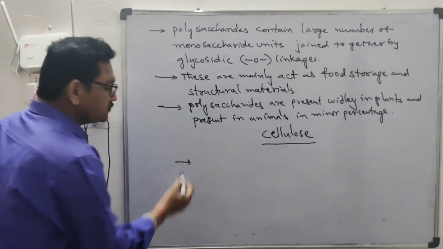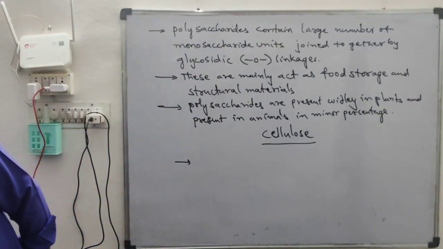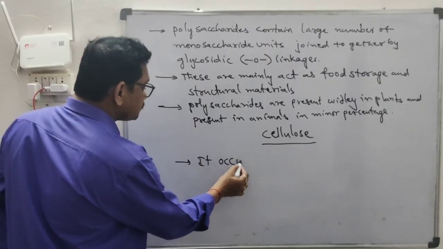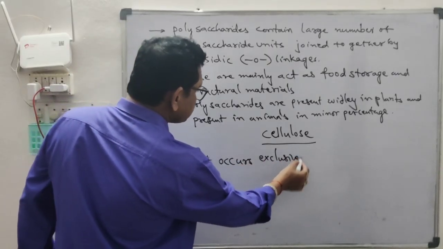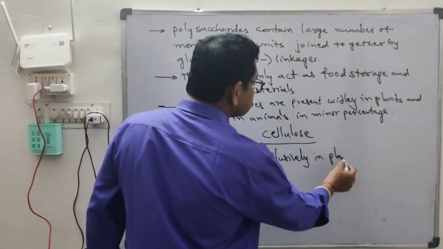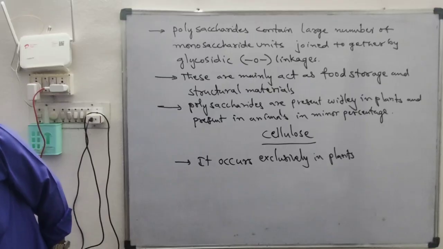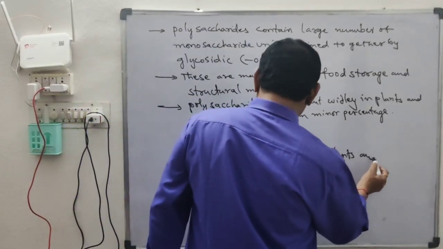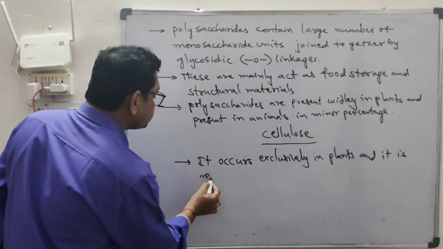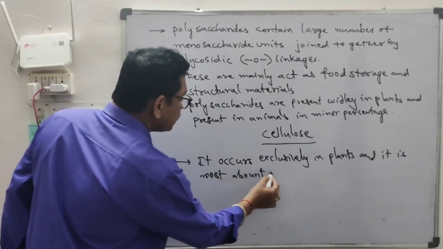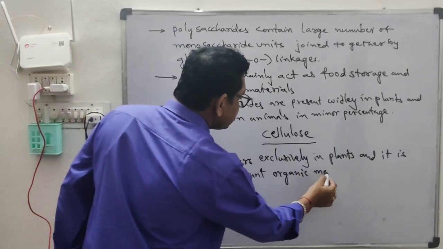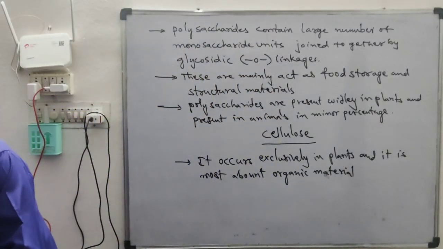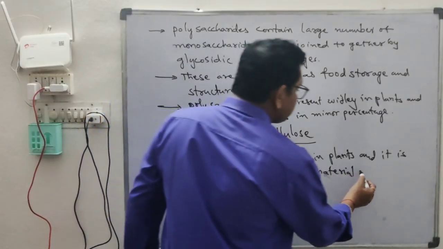It occurs exclusively in plants, and it is the most abundant organic material in the plant kingdom.